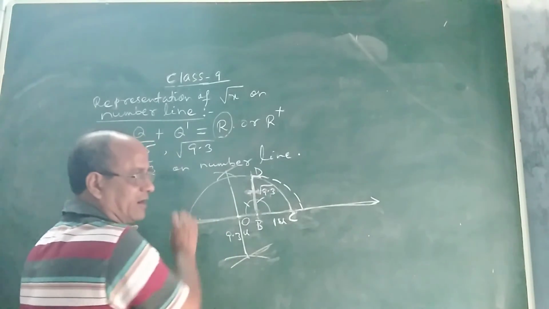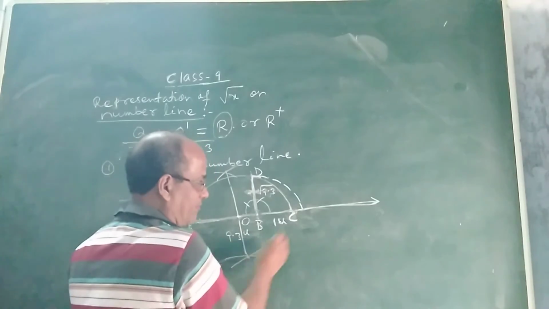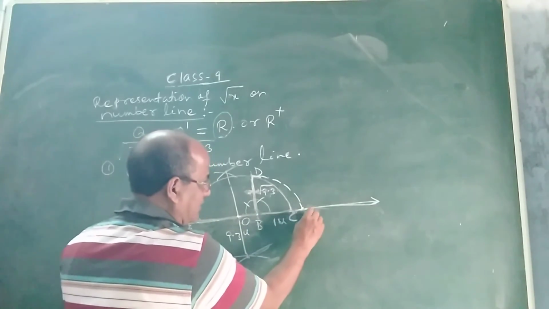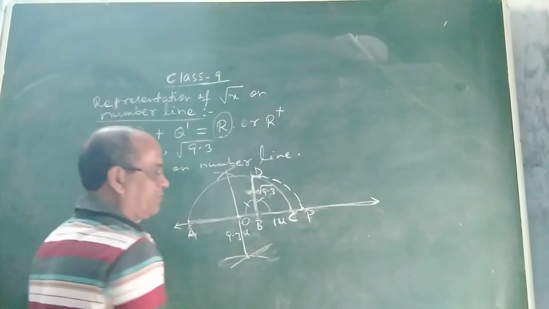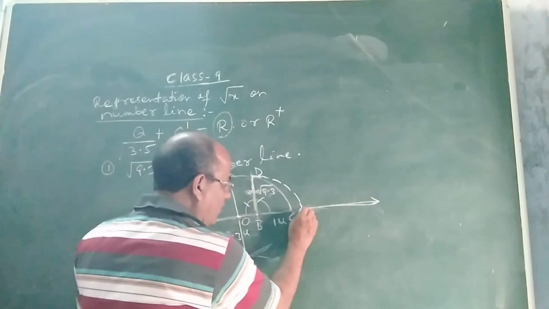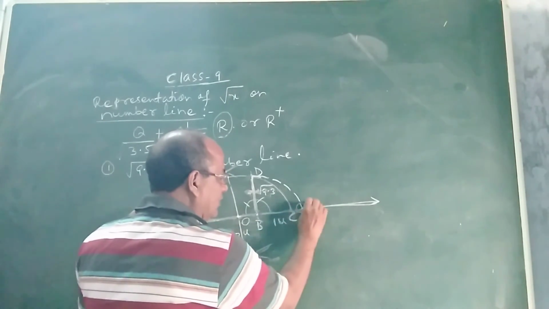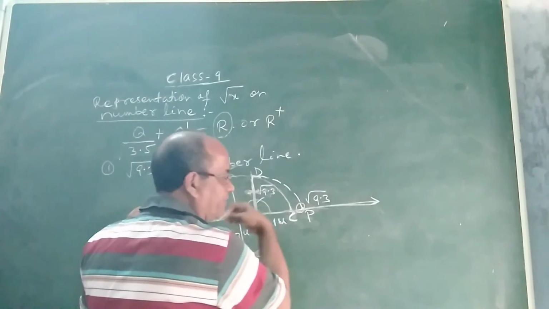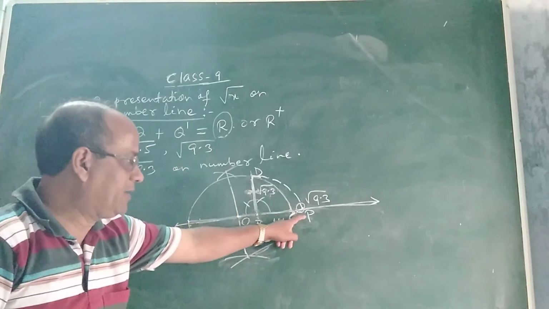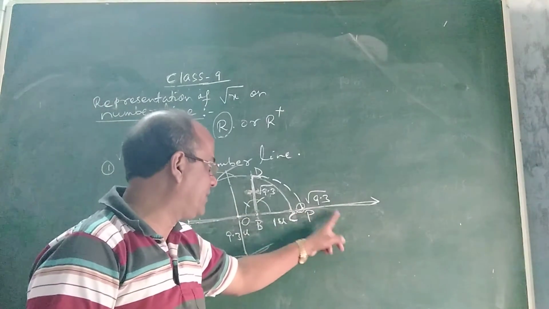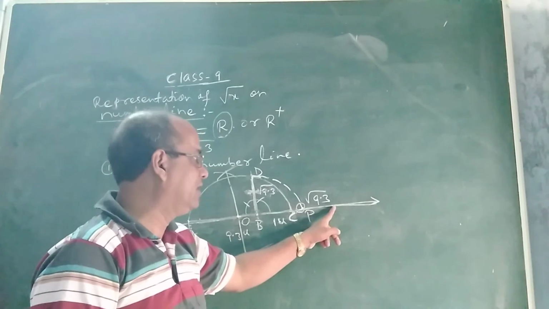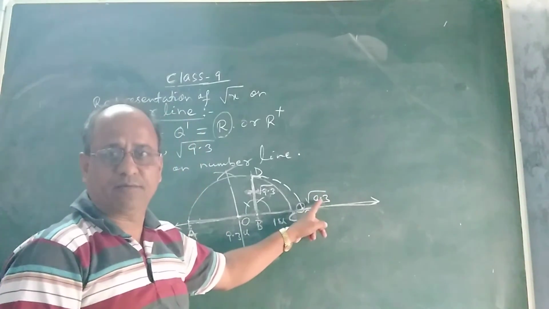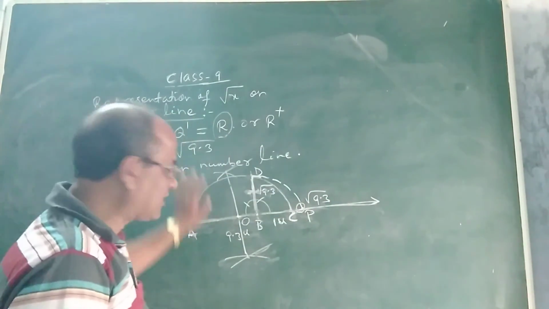It will intersect the number line at a point. Suppose the point is P. Now this point P will represent square root of 9.3, which is the square root of a positive real number. So these are the steps.